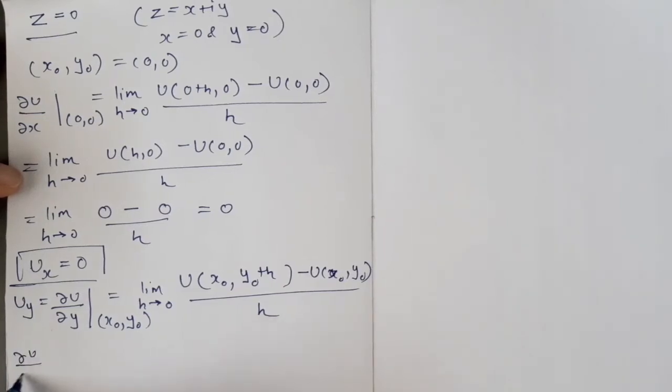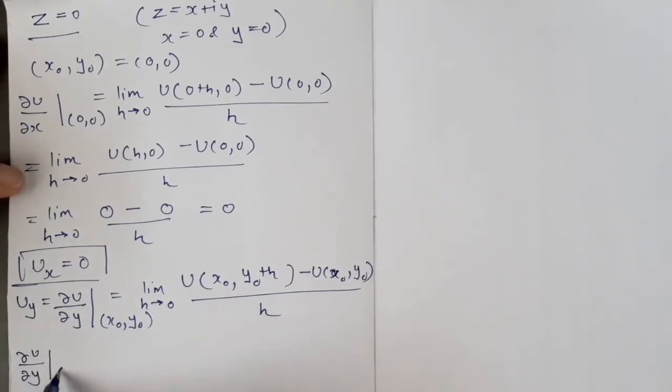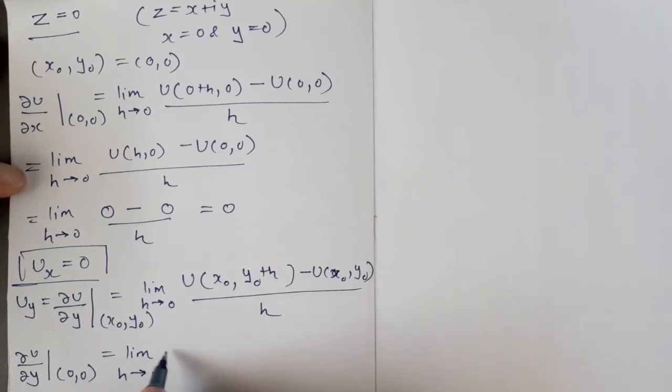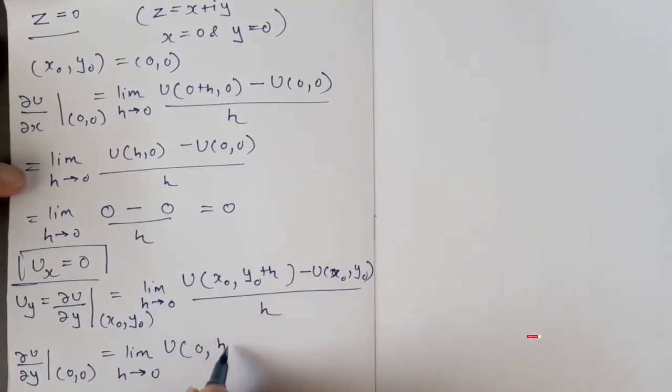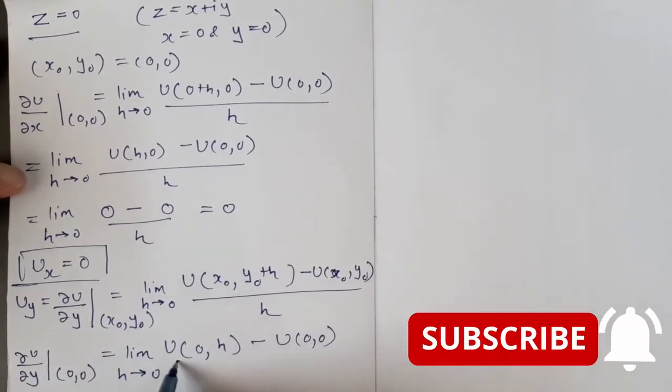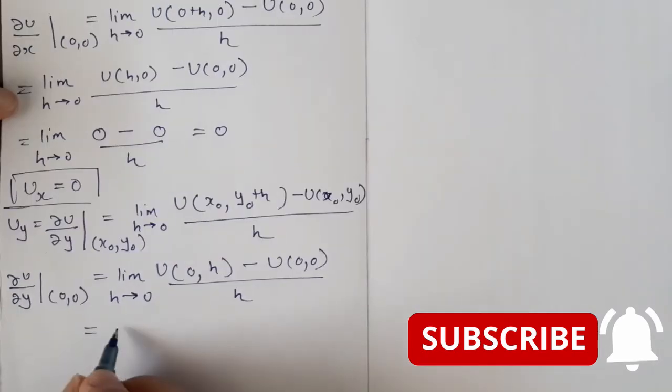So we will write del u by del y at 0 comma 0, because we have x0 y0 as 0 0. So it is equals to limit h tends to 0 u of, what is x0? It is 0. What is y0? It is 0. So u of 0 comma h minus u of 0 comma 0 upon h.